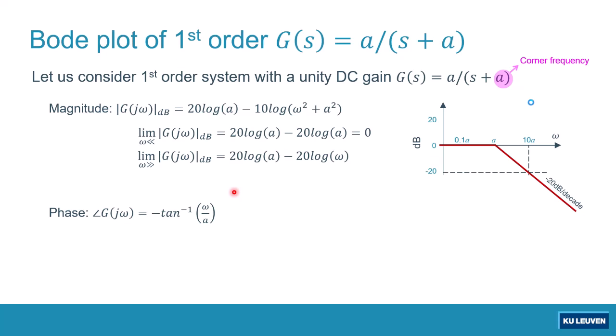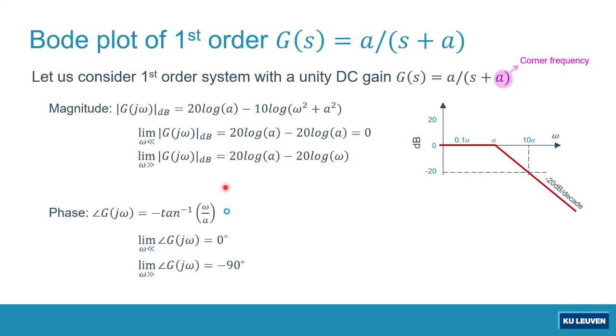How to plot it? I will do the same thing. When omega is very small, then the angle will be equal to 0, right? When omega is small, minus inverse tangent of omega over a tends to 0. When omega is very large, minus inverse tangent of a large number will be equal to negative 90 degrees.